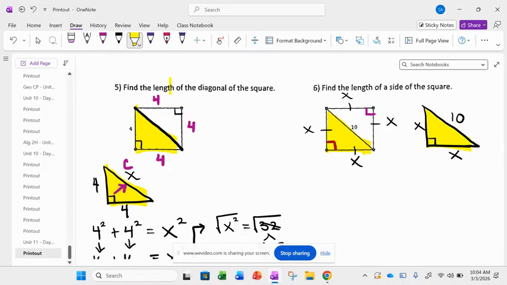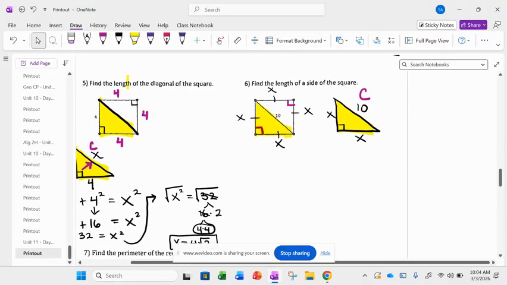So I'll let everybody catch up here. So I chose one of the right triangles. And this time, my C is 10. The hypotenuse is 10.